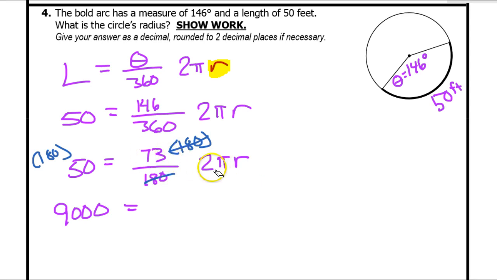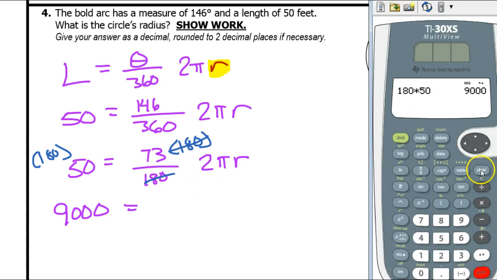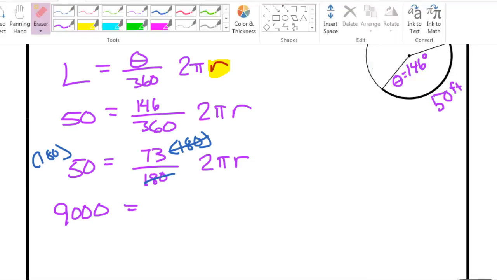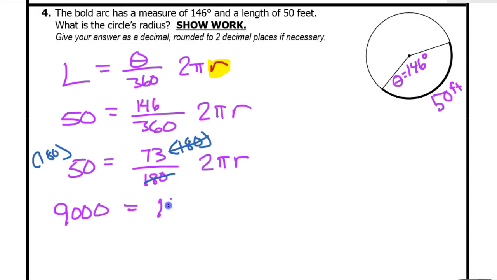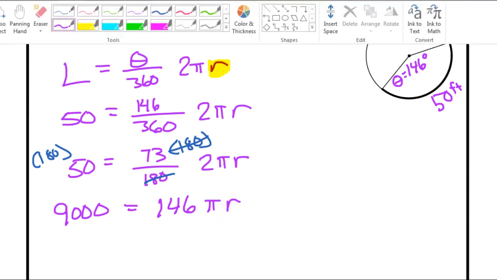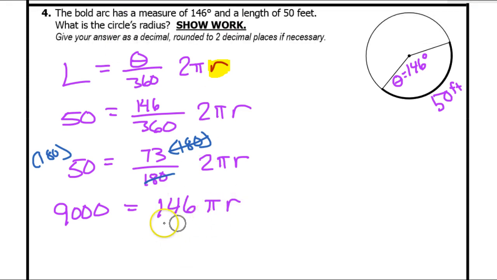So I can definitely do 73 times 2 to simplify this a bit. So 146. So what I really have is 146 pi r. So my goal is to find r. So it's time to divide both sides by 146 pi.